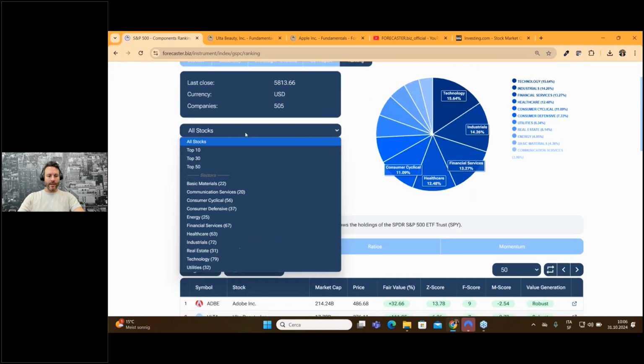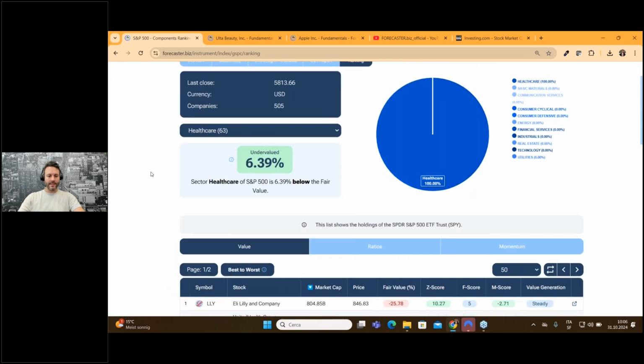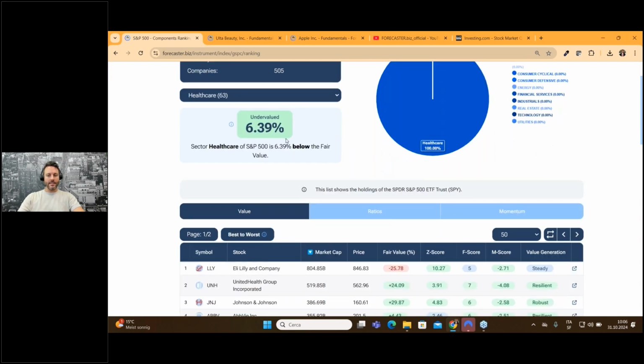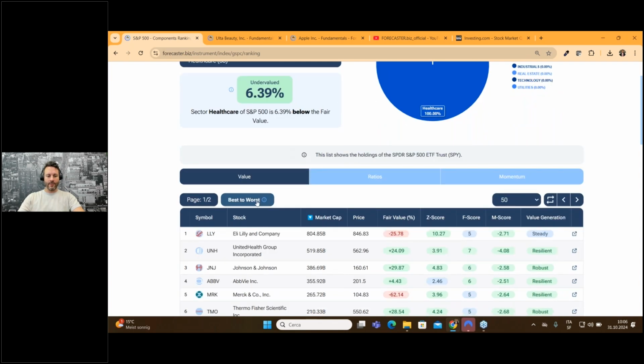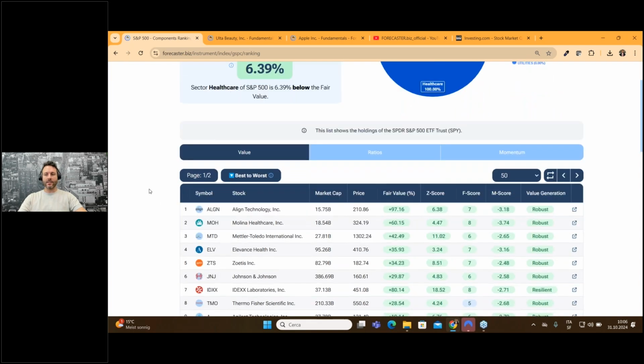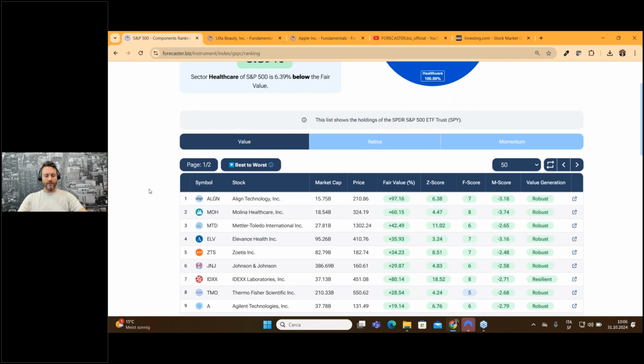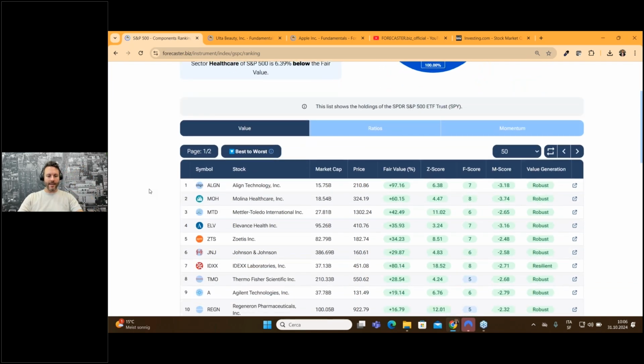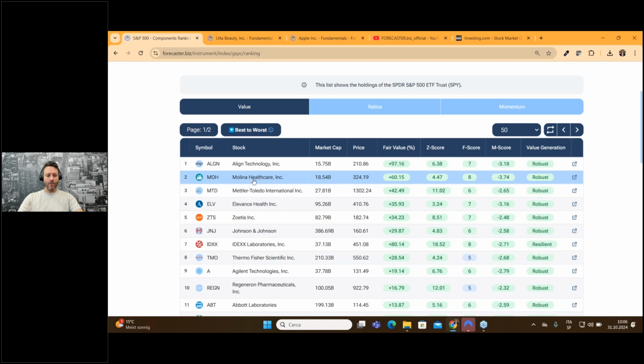I was looking at the healthcare sector, and as you can see, it is a very interesting sector because it's still undervalued. If we click best to worst only for the healthcare sector, we can find that Molina Healthcare is in the second position.